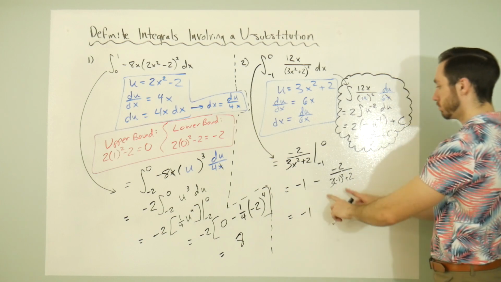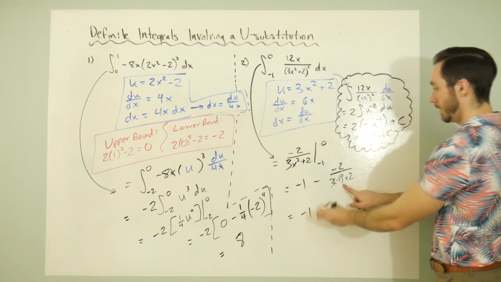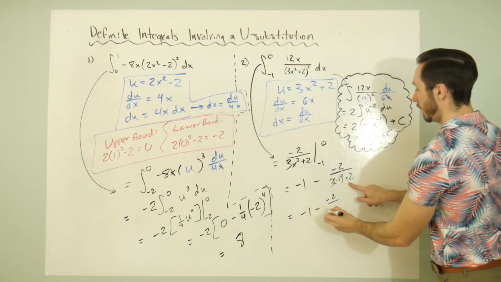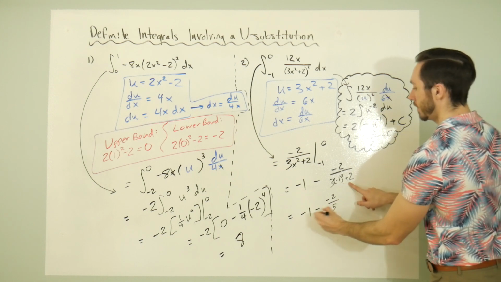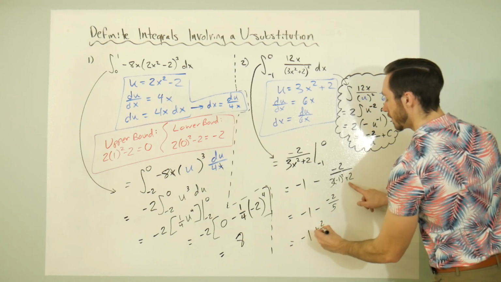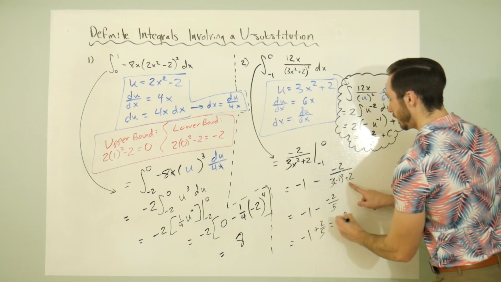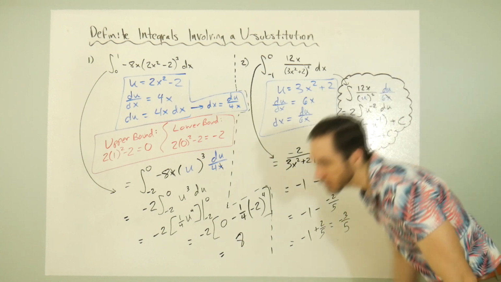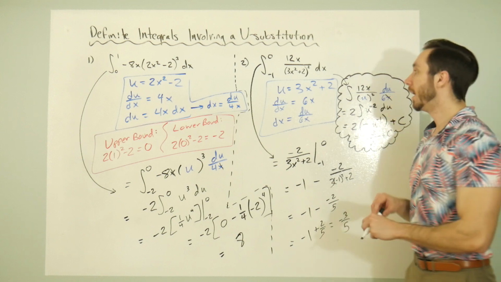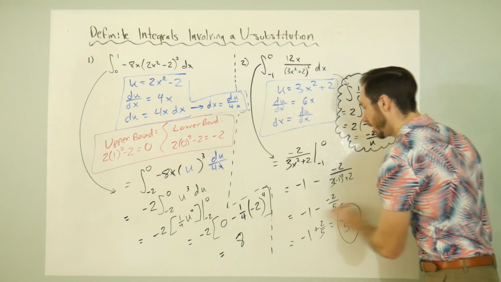Negative 1, okay, so this is going to be negative 2 over 3 plus 2, which is 5. So that's negative 1 plus 2/5. Is that negative 3/5? I'm going to say it's negative 3/5. Yeah, negative 3/5.